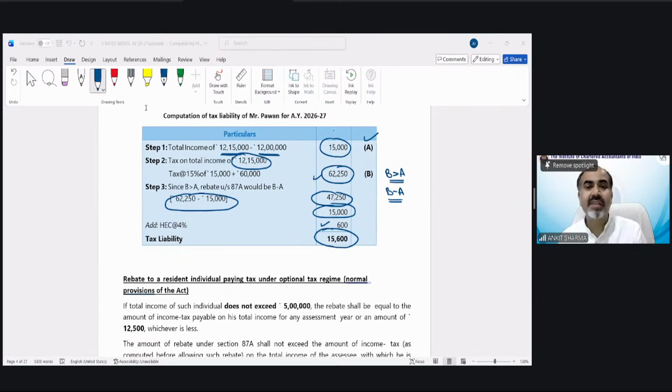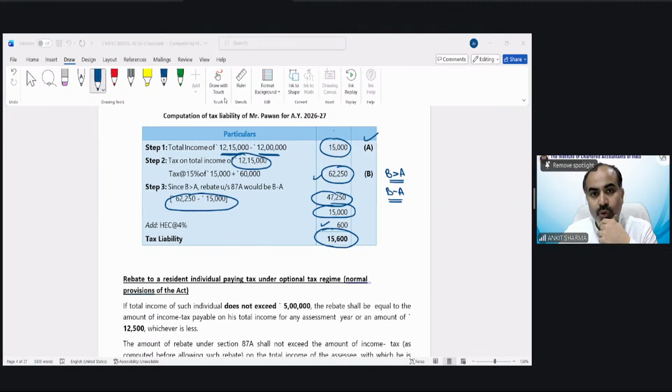Whatever we are discussing today, I will give you some homework, some questions from the study material. When you practice it, then you will understand how the concept runs. In every numerical topic, until you practice and revise the provisions, you won't be able to understand them correctly.